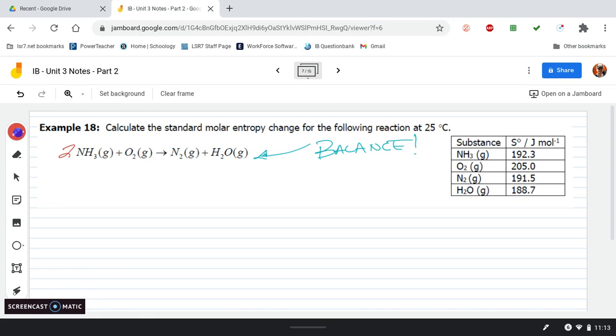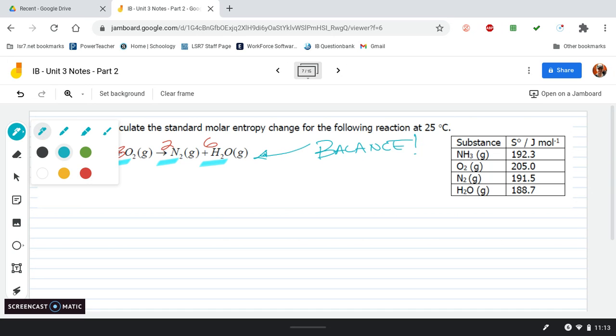So I'm going to shift this for the O's over to a 6. I'm going to shift this to a 3, but that's going to mess up my H's. It's going to make them 12. So let's go ahead and put a 4 here, and then there we go. So kind of a back and forth one, but the numbers you want for the balancing are those. You want the 4, 3, 2, and 6.